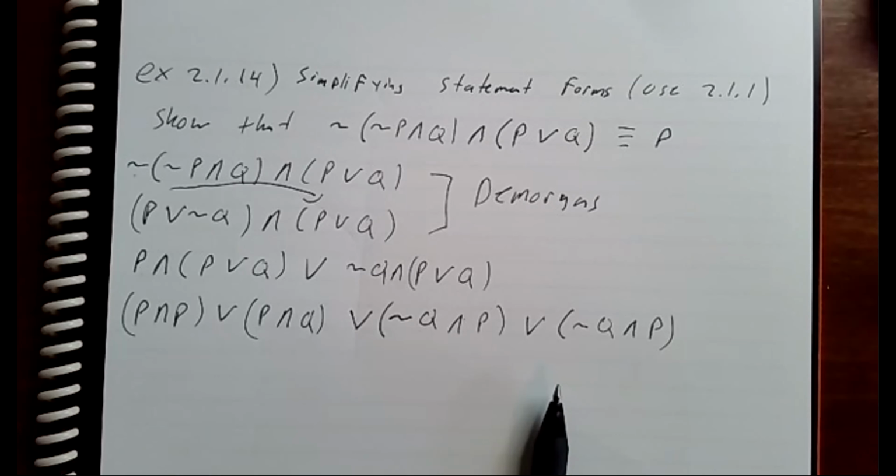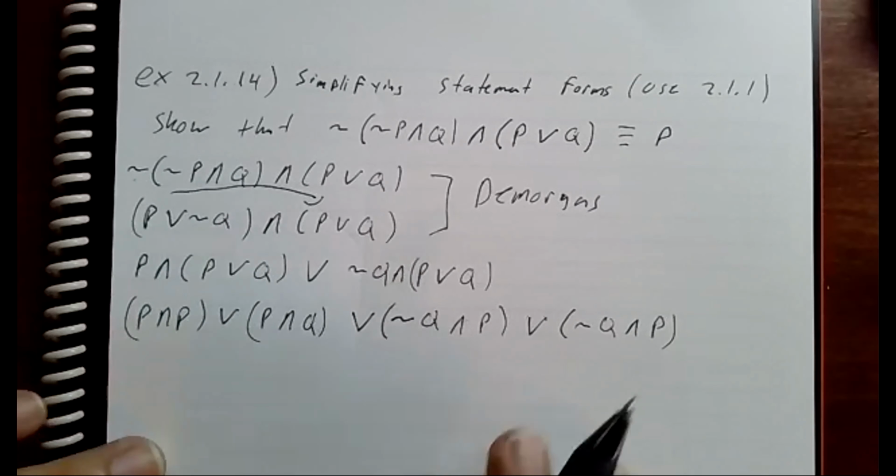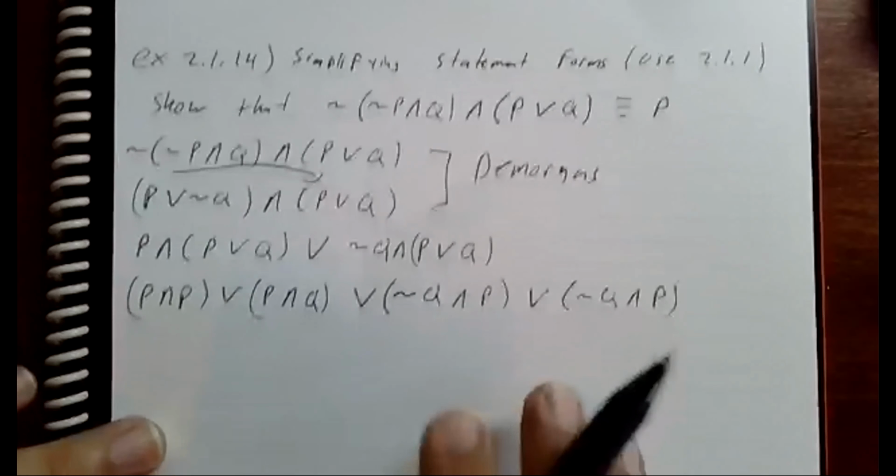And let's just go with it. Let's see what happens. So in the notes, in the thing I just sent you, P and P is equivalent to P. Let's see what happens.